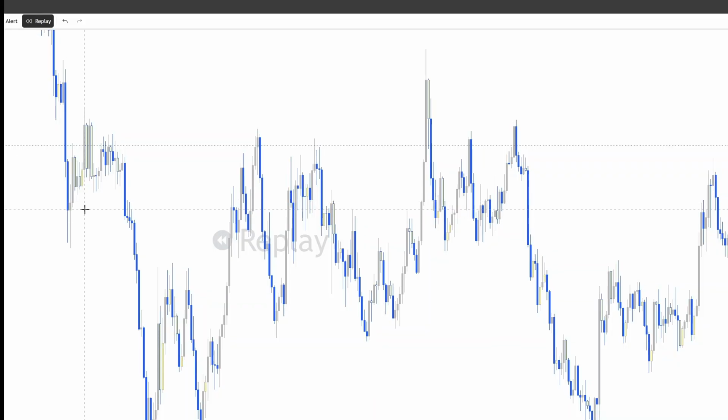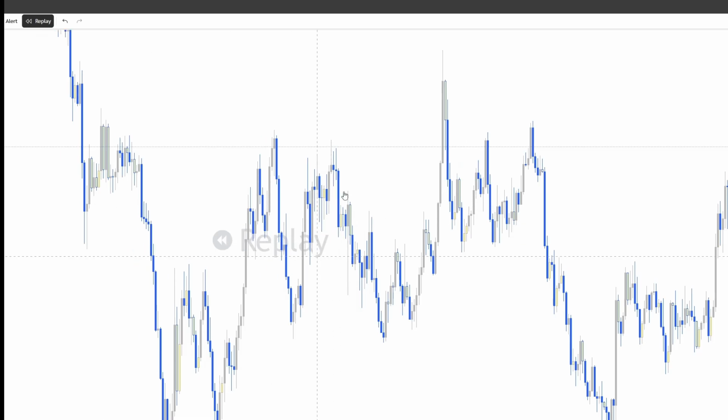So let me take you back to how I used to look at the market before this trade. When I first started looking at the chart, I just saw random candles moving, some moving up and some moving down. Let's say for example here, you see the market move up, then continue to move down.